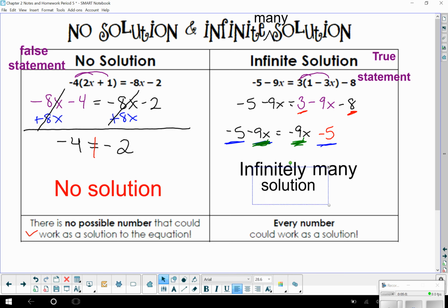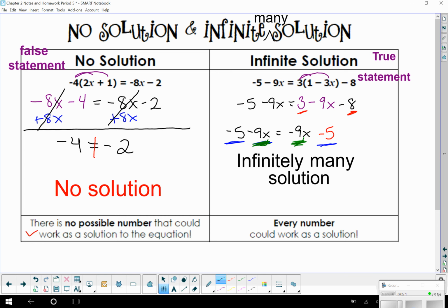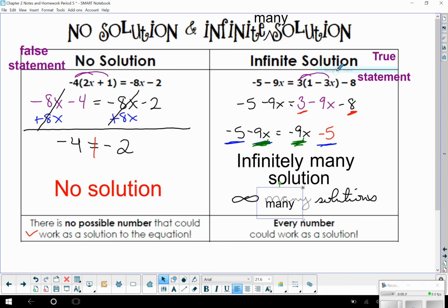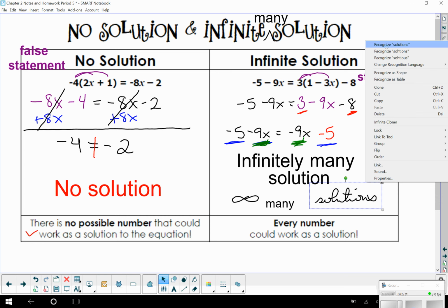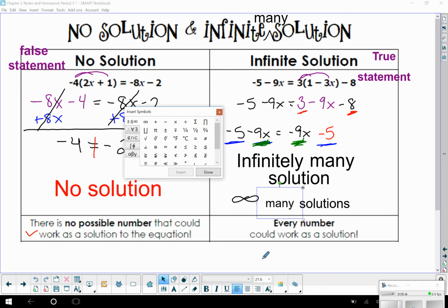So infinitely many solutions is one way of having it written out, or you can do the infinitely many solutions that way. Is it like this? Nope, it doesn't like it. But I can do this.